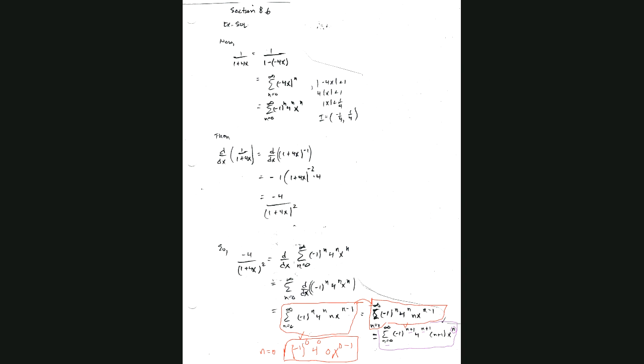All right, so we've established that negative 4 over the quantity 1 plus 4x squared equals this power series. So now let's go back to the problem.